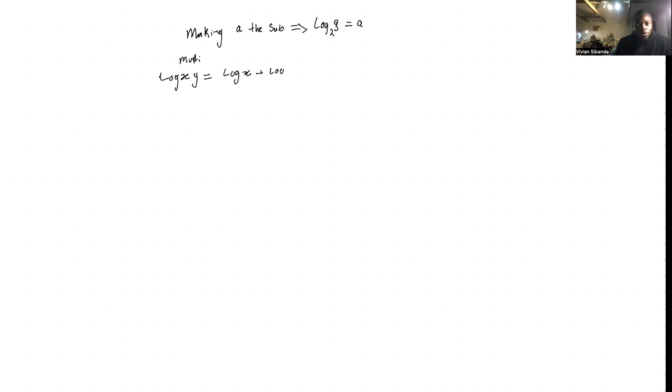And then let's go to division. If you have log of x divided by y, this simply means that it is log of x minus log of y.